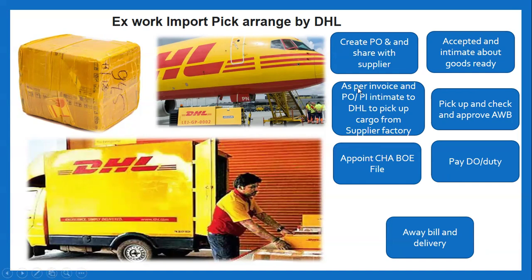This request needs to be filled in the Excel format given by DHL. All the details need to be mentioned as per the purchase order and proforma invoice, and the pickup request also needs the DHL account number.